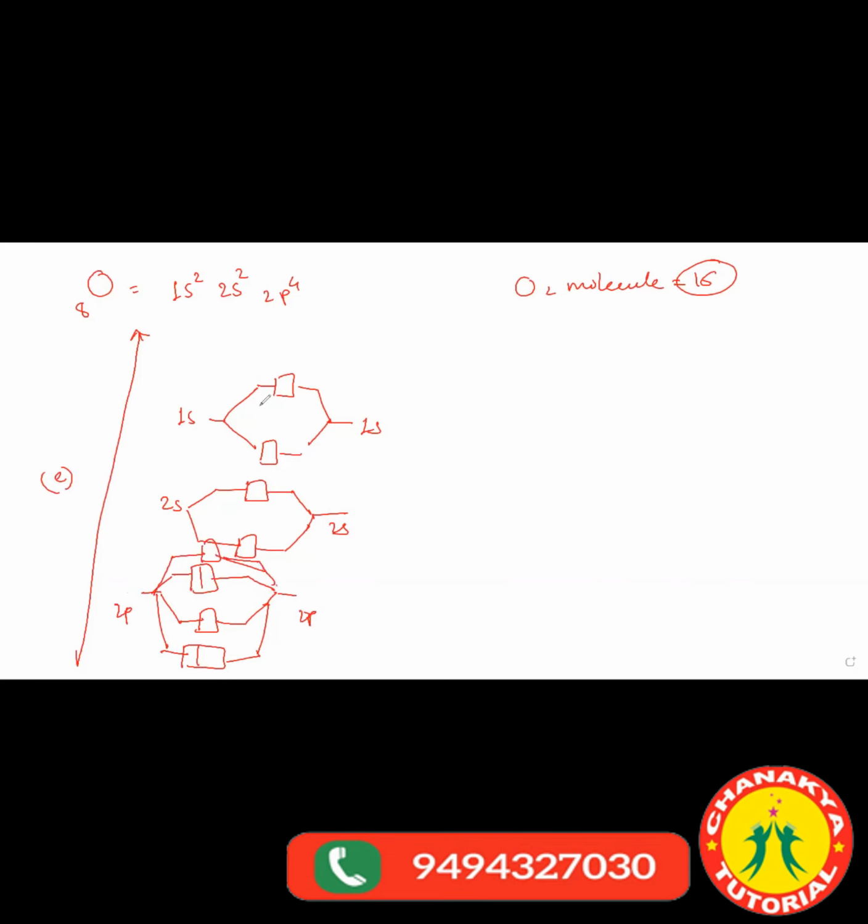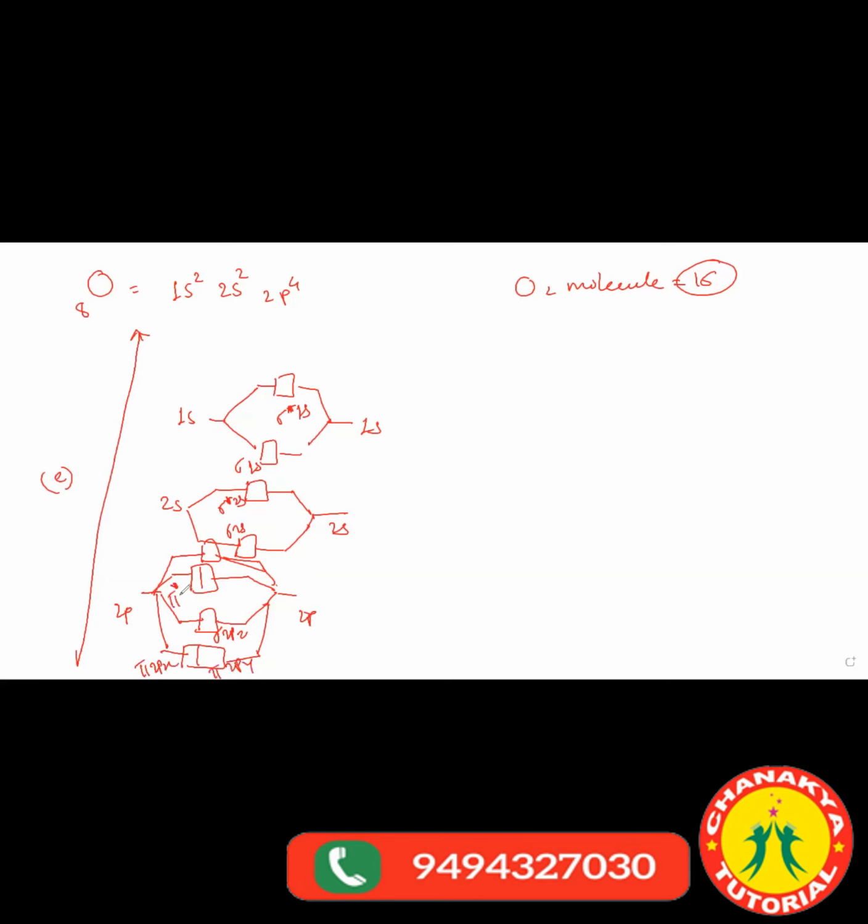So the sequence, it says what? Here it is sigma 1s, sigma star 1s. Then this is sigma 2s, sigma star 2s. Then this will be sigma 2pz, then here pi 2px, pi 2py.